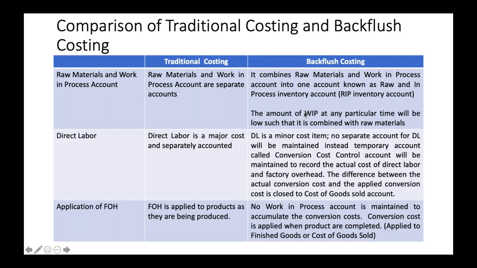Instead, we will combine work in process and raw materials into one account, and we call it the RIP inventory account. Let us recognize that raw materials and work in process are both inventoriable accounts, and combining them is like combining two inventories in one account, and that is the RIP inventory account.